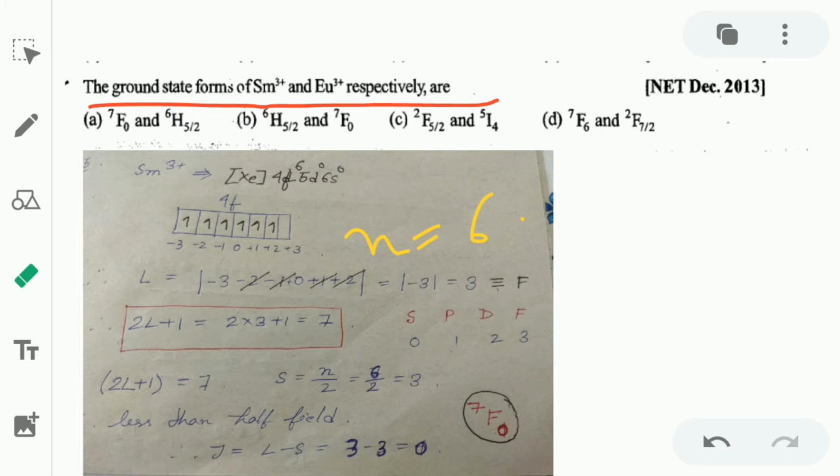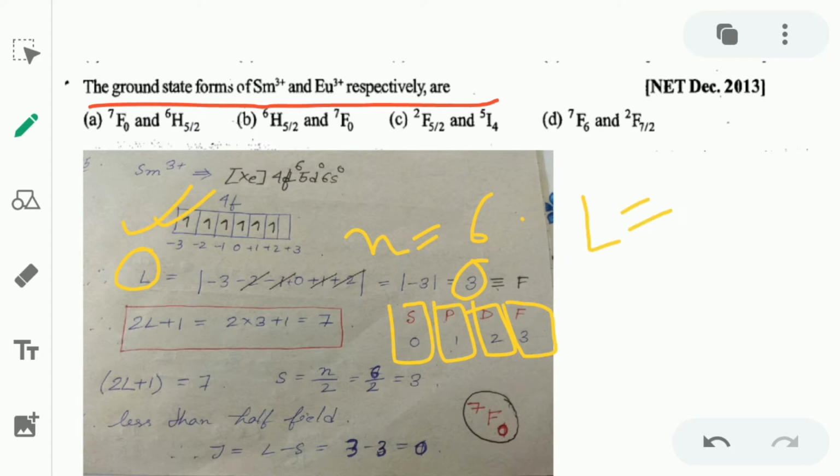From that we can get the L value, that is 3, and as we know, for S that is 0, for P that is 1, for D that is 2, and for F that is 3.